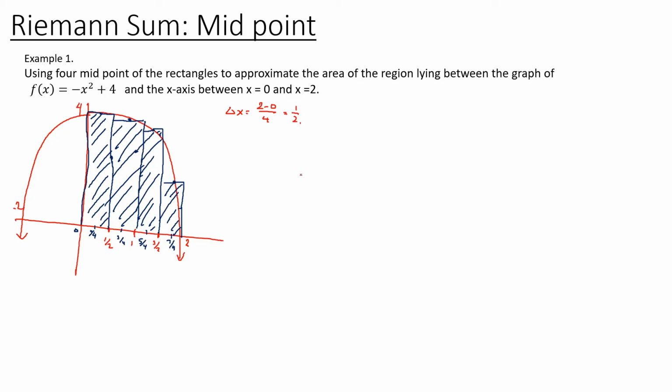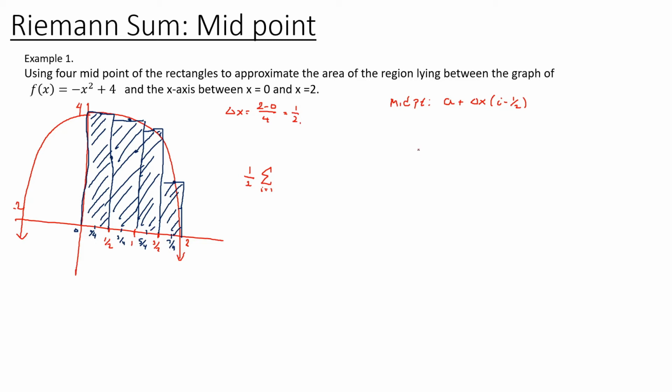The setup is pretty much the same as the lower and upper sum. The width is equal distance, so it's 1/2. The midpoints will have a pattern. The sequence for the midpoint is similar to the left and right endpoint: a plus delta x times i minus 1/2.